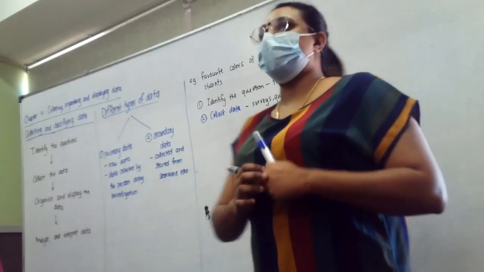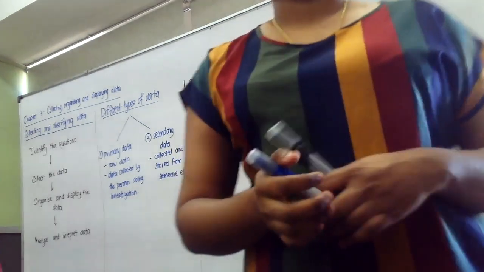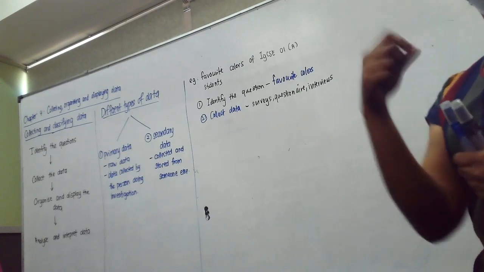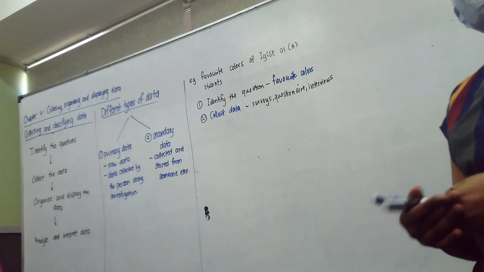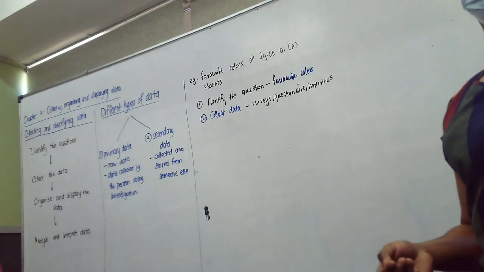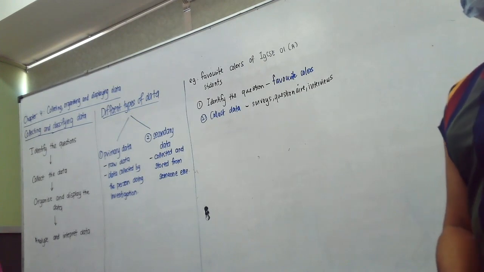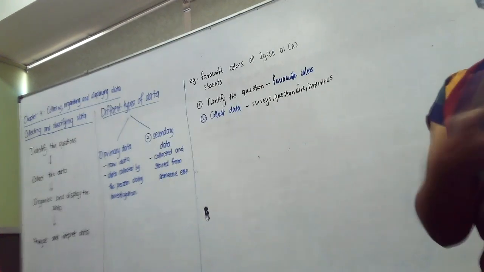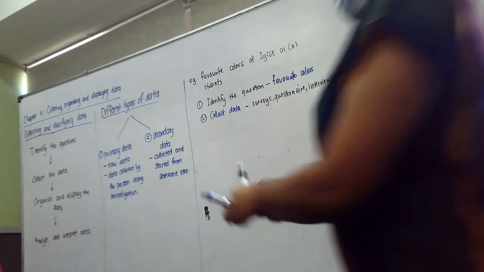For example, you give out questionnaire papers so you can tick your favorite color, or you ask randomly, like a survey in your class. What's your favorite color? Blue, green, yellow, pink, rainbow. Or you interview each one of you and ask what's your favorite color. That is how you collect the data.